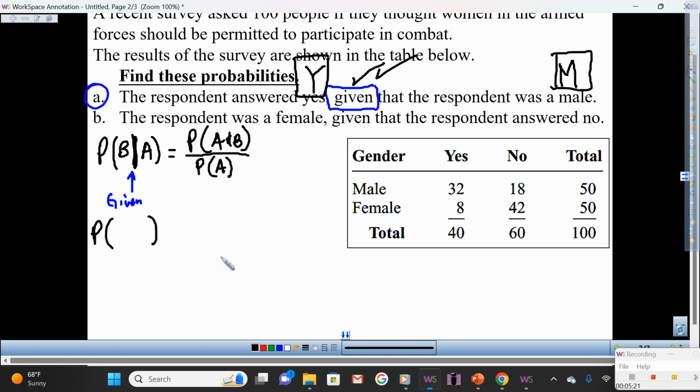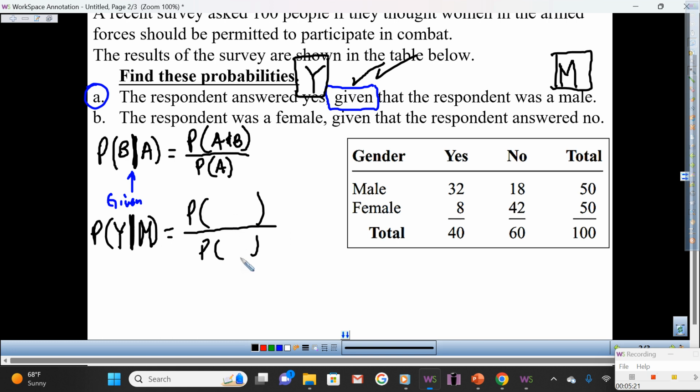Instead of B, what came first? The Y. Given, here's the word given, the bar, and then the letter M. So, tell your neighbor what to write here in regards to letters first and underneath.